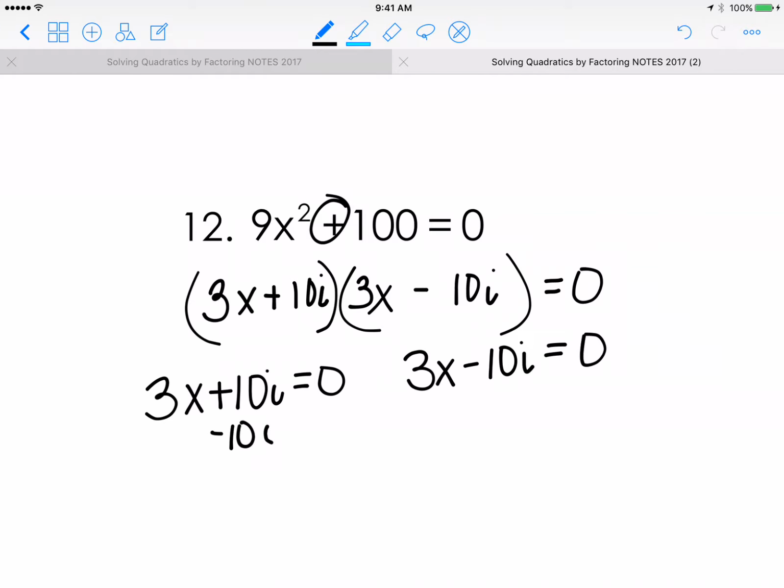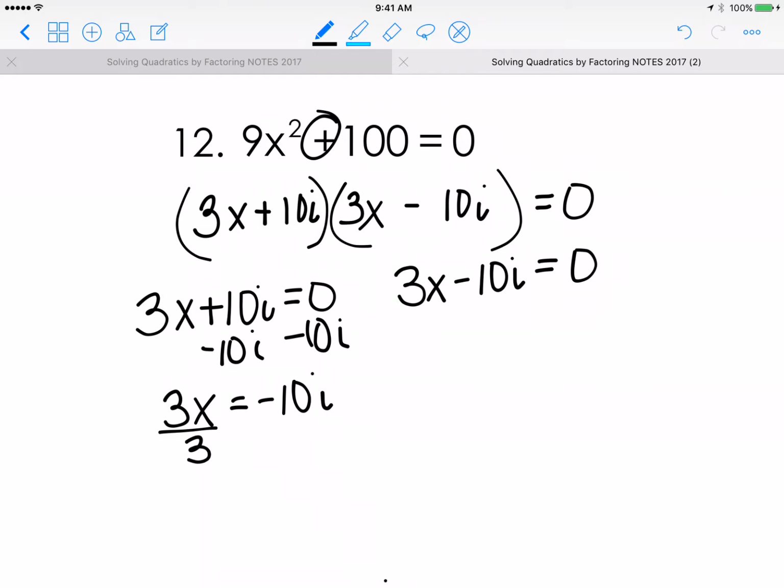Subtract the 10i from both sides. So you get 3x is equal to negative 10i. Now we've got to divide by 3. X is equal to, okay, so the i has to be in the numerator, or it can be written off to the side. But it cannot be written as a denominator.